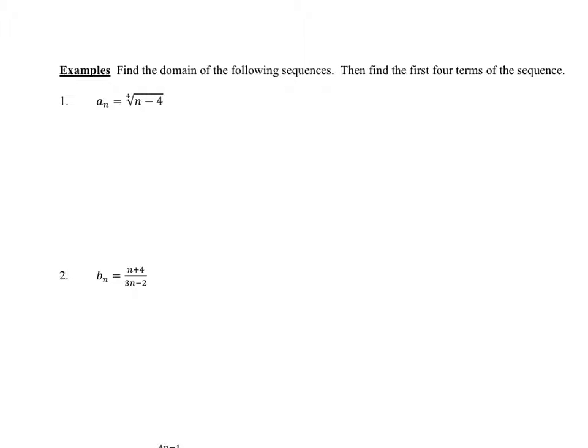But for something like these examples here, finding the domain of a sequence, remember the idea is that it defaults to the positive integers. Once you have that in mind, the only thing you're looking to do is restrict those positive integers, if applicable.